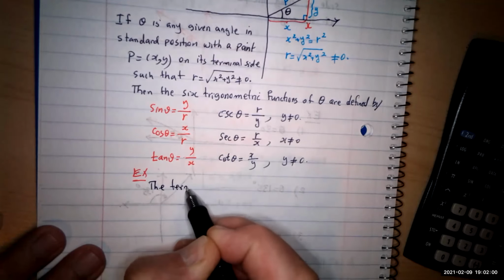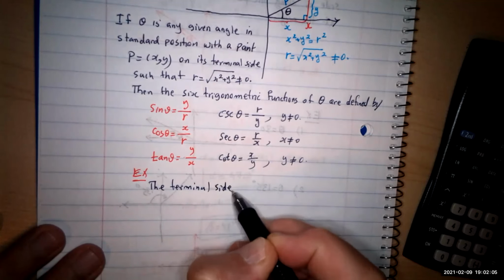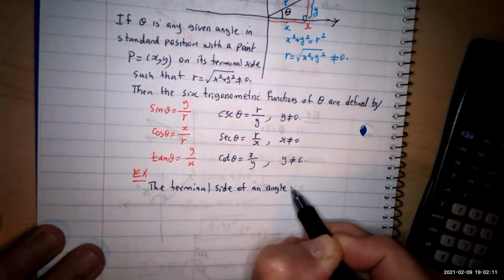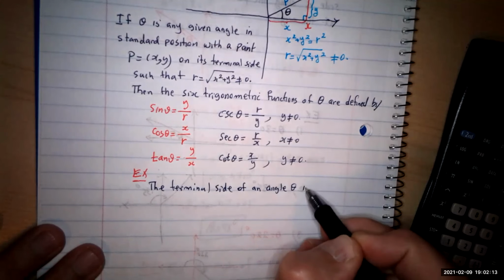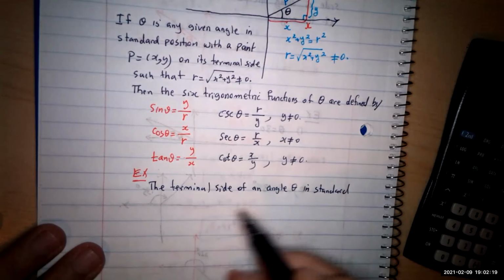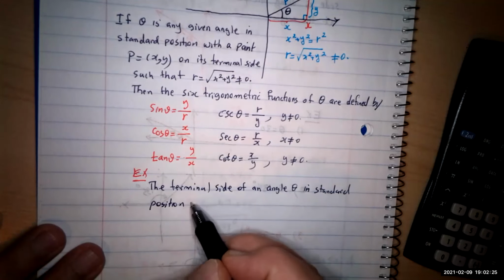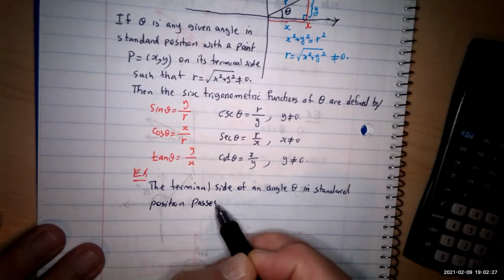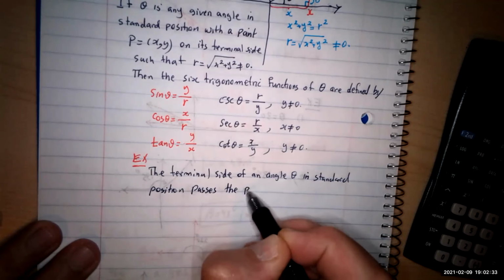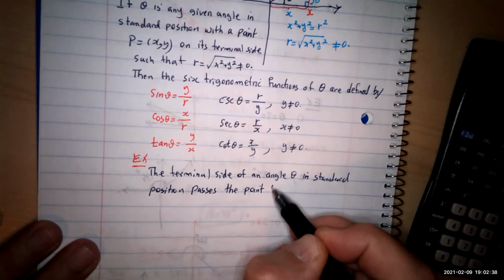They tell you that the terminal side of an angle theta in standard position passes through, and there are different ways to express this, the point (3, 7).